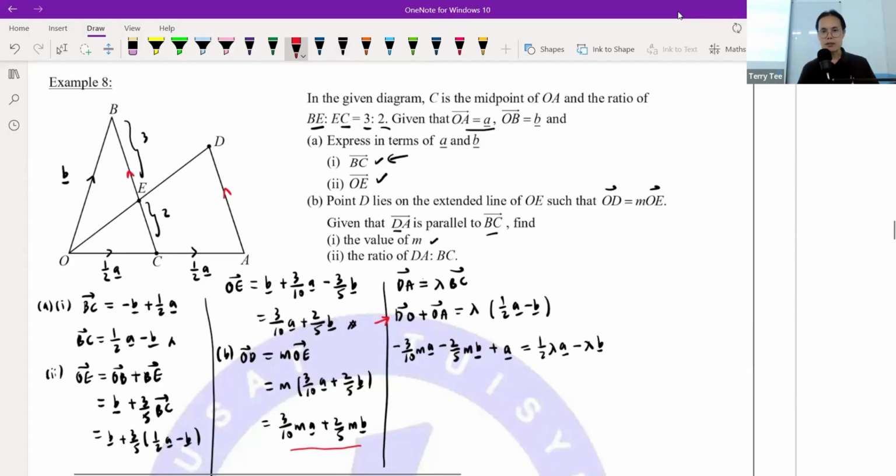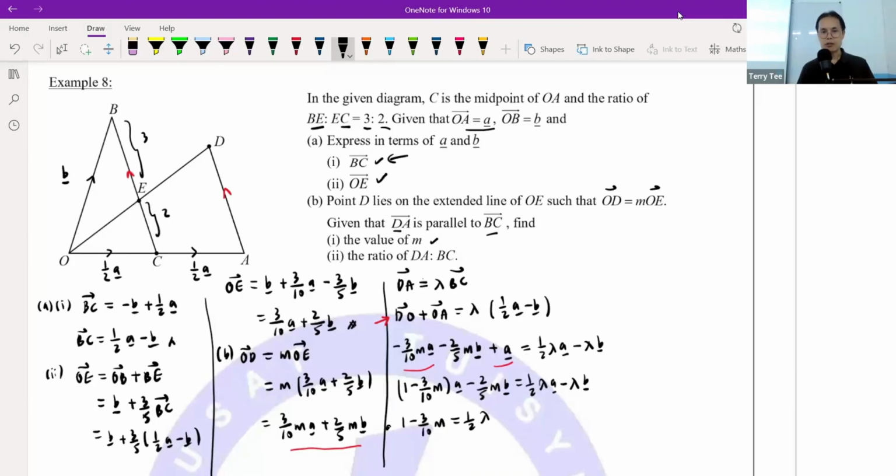Okay, let's put them together. This is involving a and a. Put them together. You should get 1 minus 3/10 m a minus 2/5 m b. The result is half lambda a minus lambda b. Okay, can we compare? 1 minus 3/10 m is now half lambda.